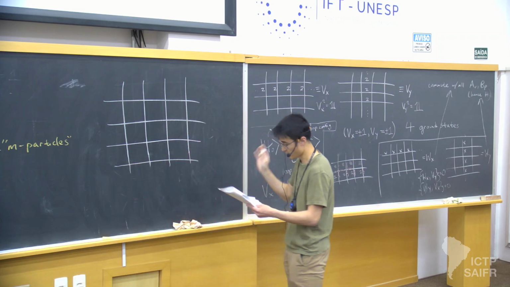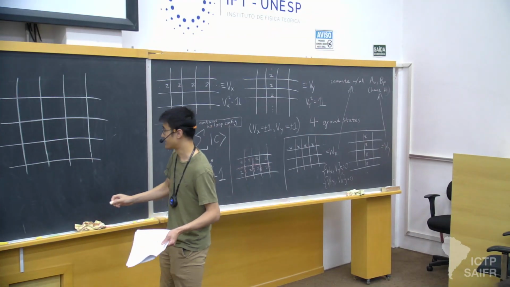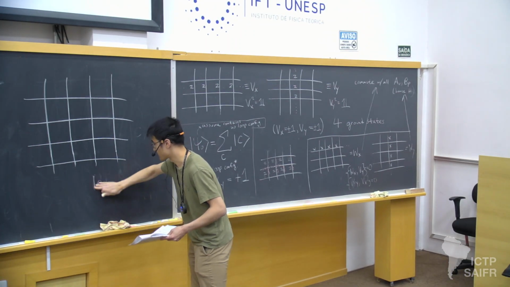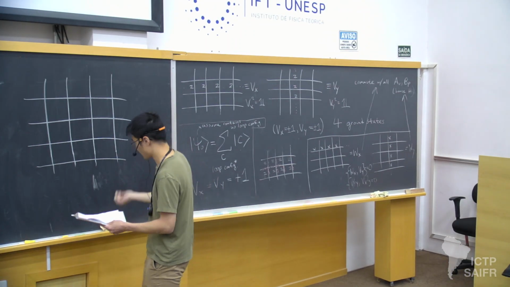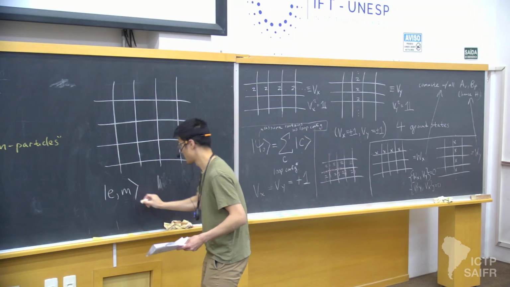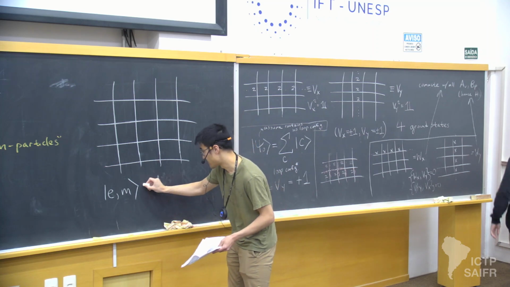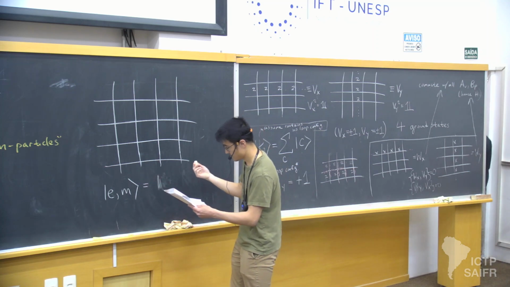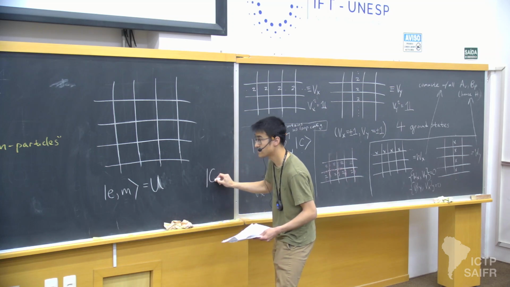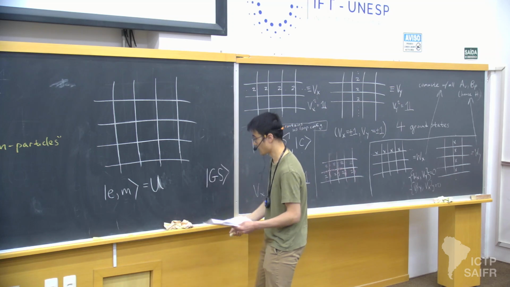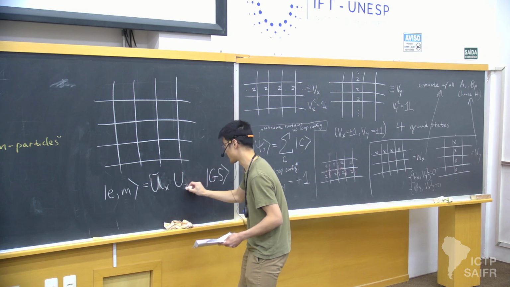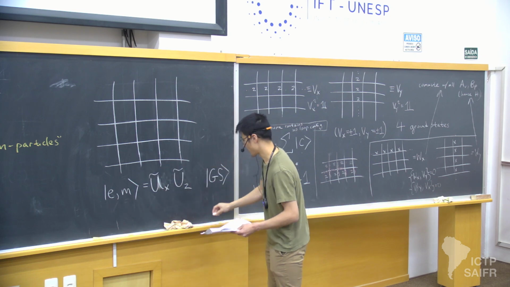Okay, so let me start out with a state that I'll label EM that's obtained by acting on the toric code ground state with some string operator U_X tilde and some string operator U_Z tilde.